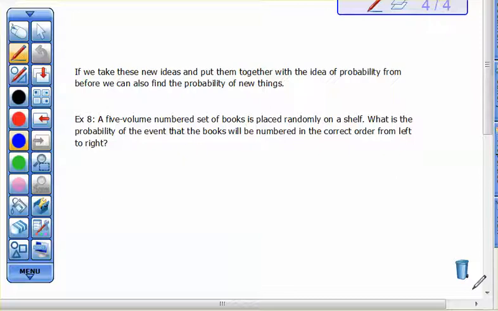Well, we're talking about a permutation to begin with because order is important. There are 5 things, so 5 is our N, and we're going to use all 5, so 5 will be our R. That would be 5 things, permutation, 5 at a time.